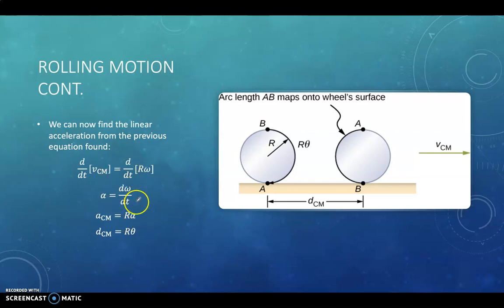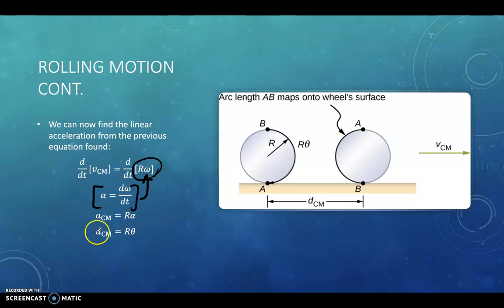We take the derivative of this part here, pull the r out since it's a constant, and we get this.